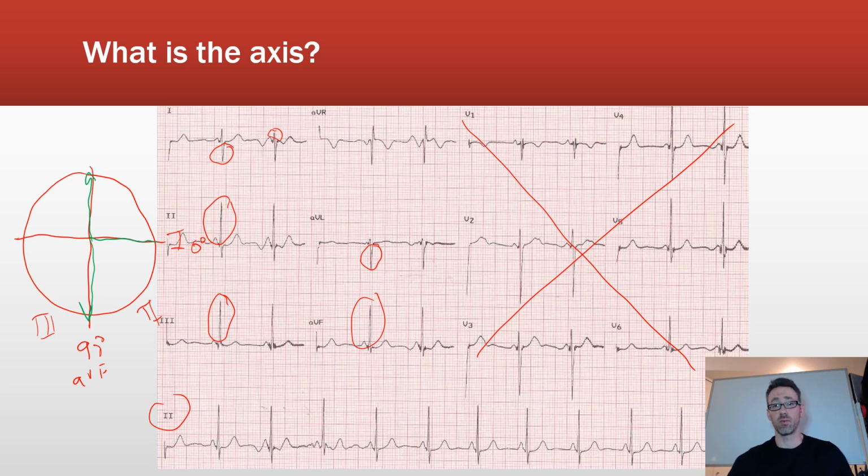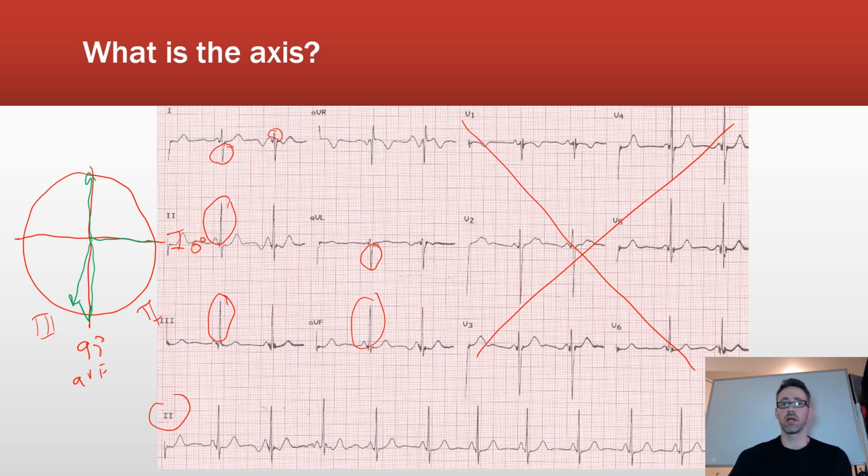Otherwise, if it were exactly a good isoelectric complex, I would say, yeah, the axis is 90 degrees. But it's not. Instead, it actually has a little bit more of a negative deflection to it, meaning it's slightly heading away from lead 1, which suggests that it's probably slightly pointing more between AVF and 3.